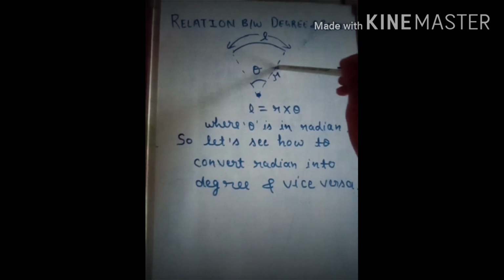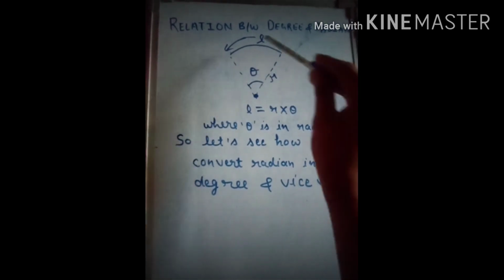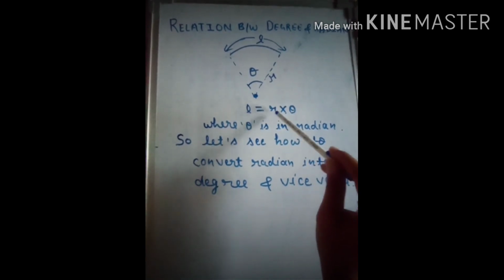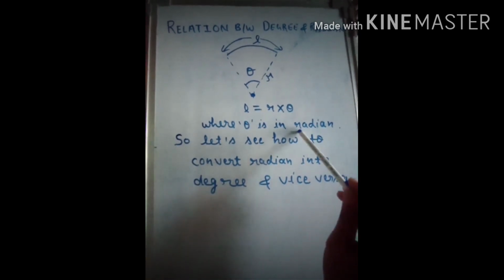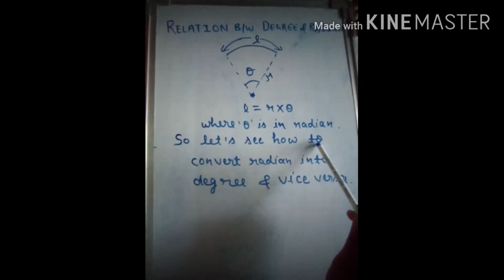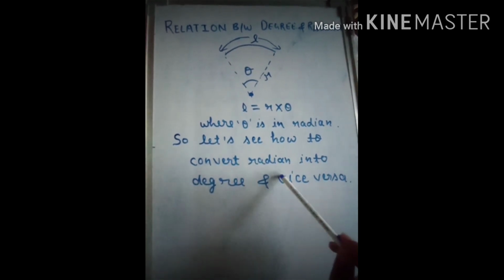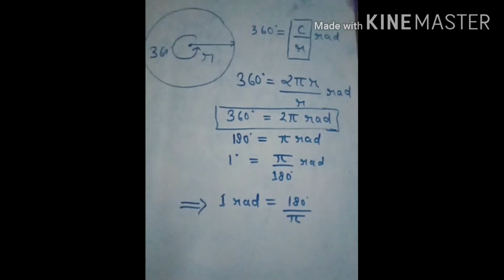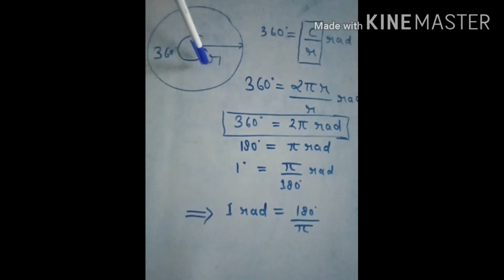Now the radius of this arc is taken as r, so it is related as length is equal to radius multiplied with theta, where theta is in radian. And now let us see how to convert radian into degree and vice versa, means how to convert degree into radian.